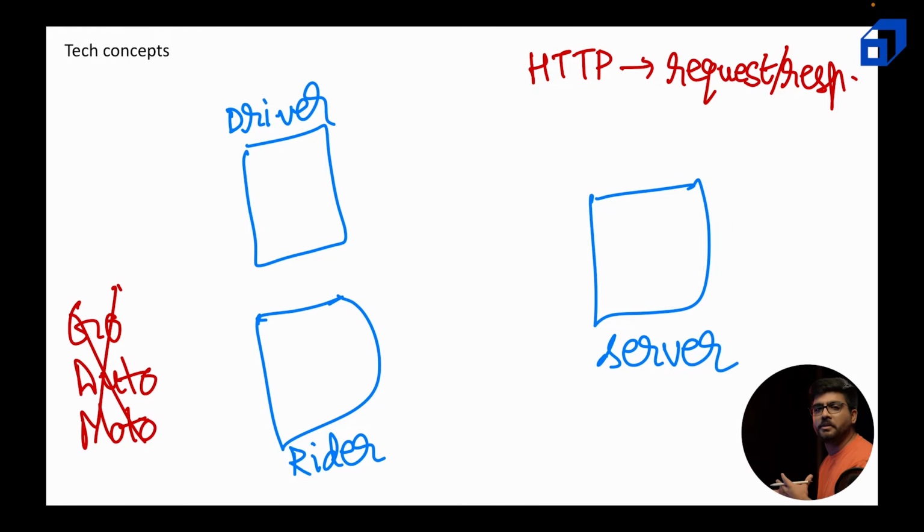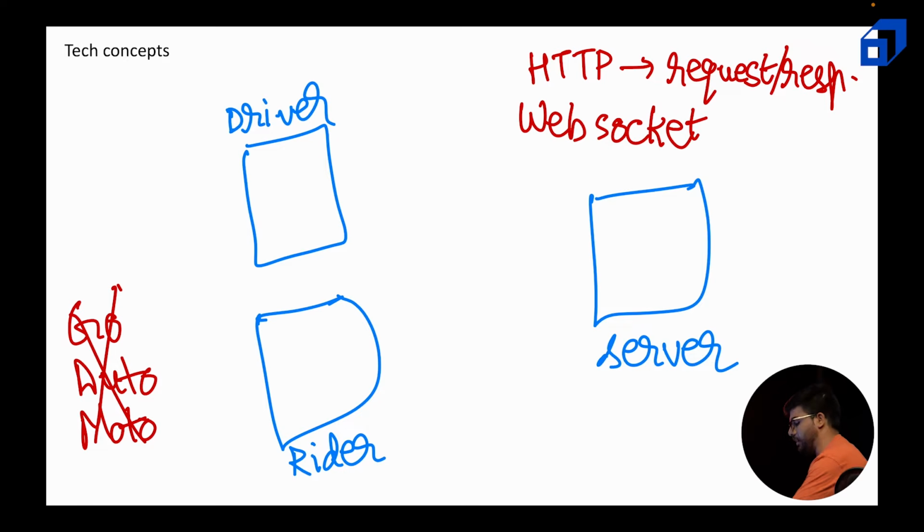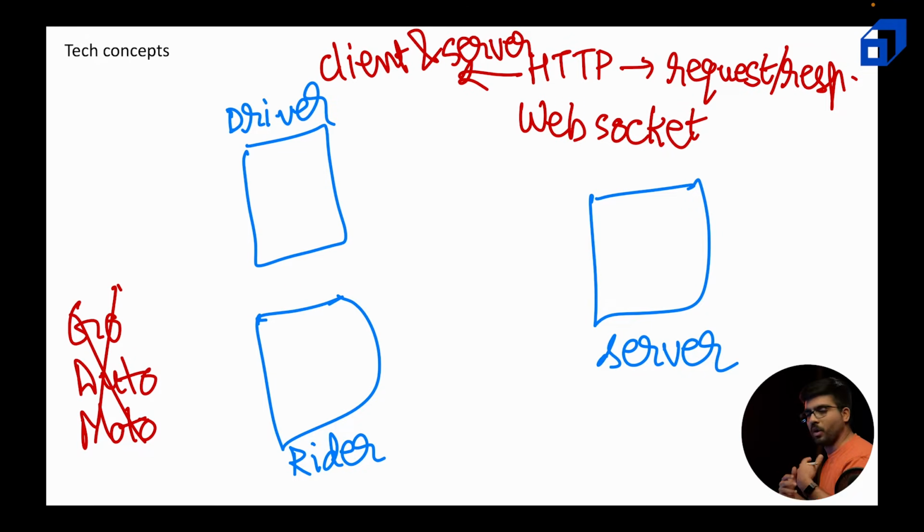The other way of communication is using WebSocket servers. Now what does a WebSocket server mean? When we create a WebSocket server, it creates an open connection between two clients. In HTTP there is a concept of client and server, whereas when we talk about WebSocket or socket connections, there is a peer-to-peer connection.